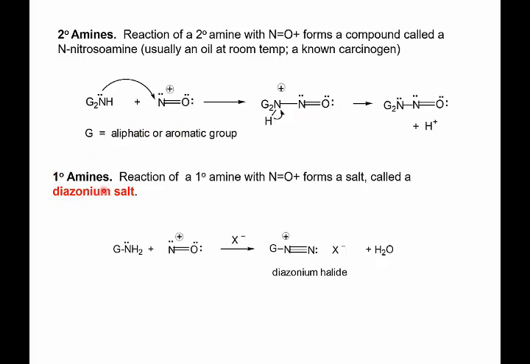All right. Now, primary amines in their reaction start out with a similar course, and then they part company. They give something that's different from the secondary amine. Here are the starting materials, the primary amine and the nitrosonium ion, and then this is the final product here.